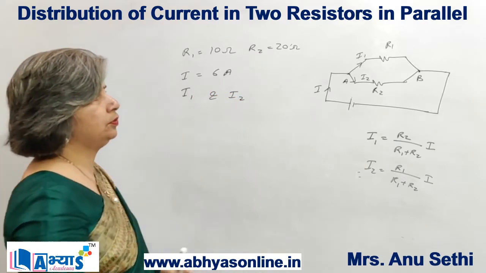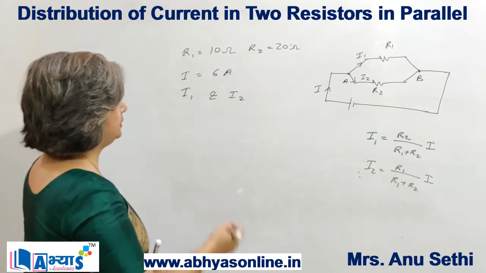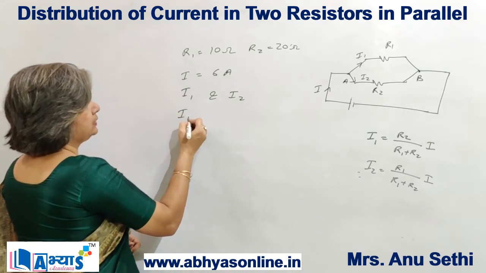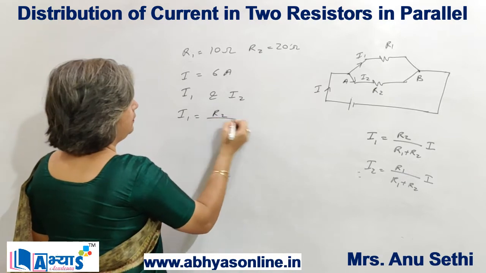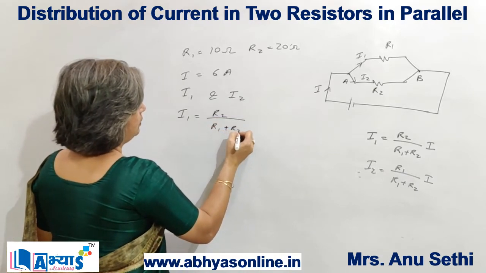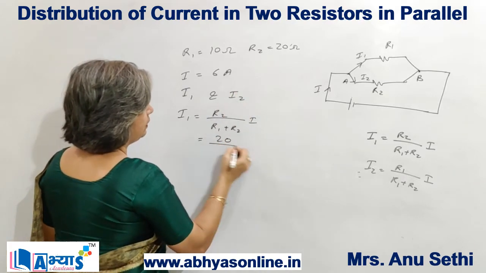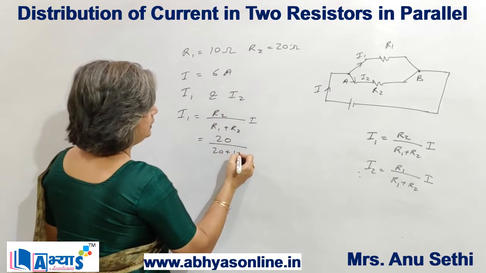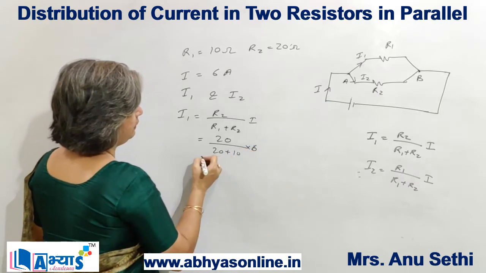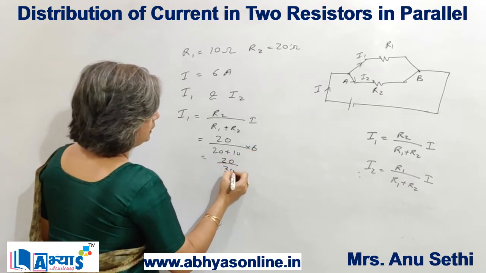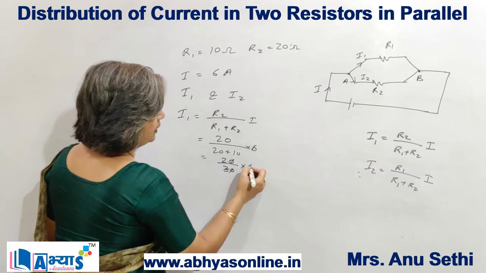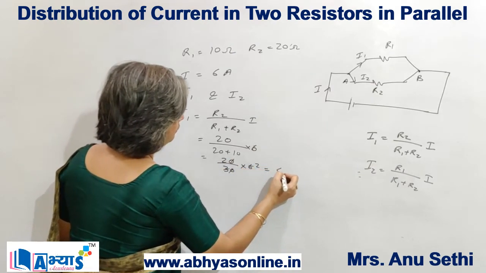For this we will use the formulas that we have derived. I1 is equal to R2 upon R1 plus R2 into I, or 20 upon 20 plus 10 into 6, or 20 upon 30 into 6, and it will cancel out and we get 4 amperes.